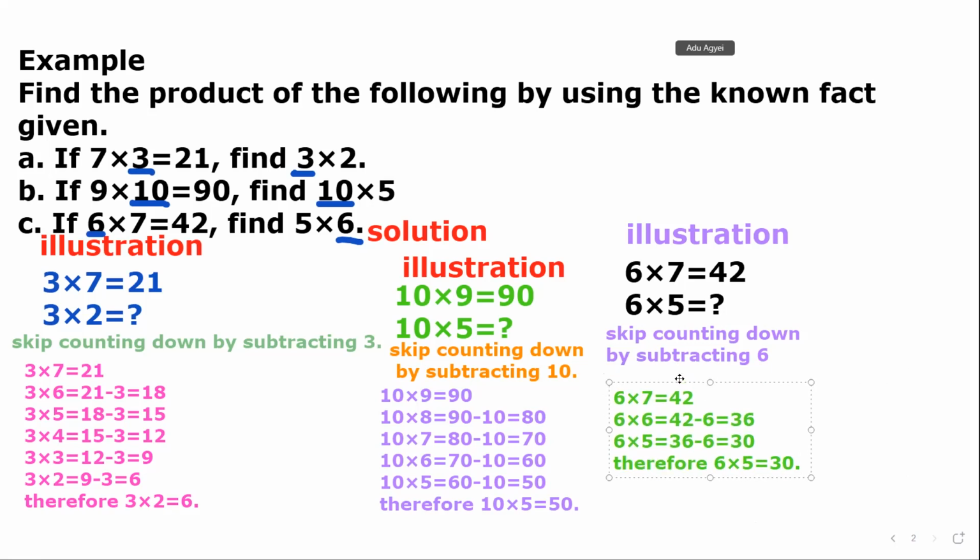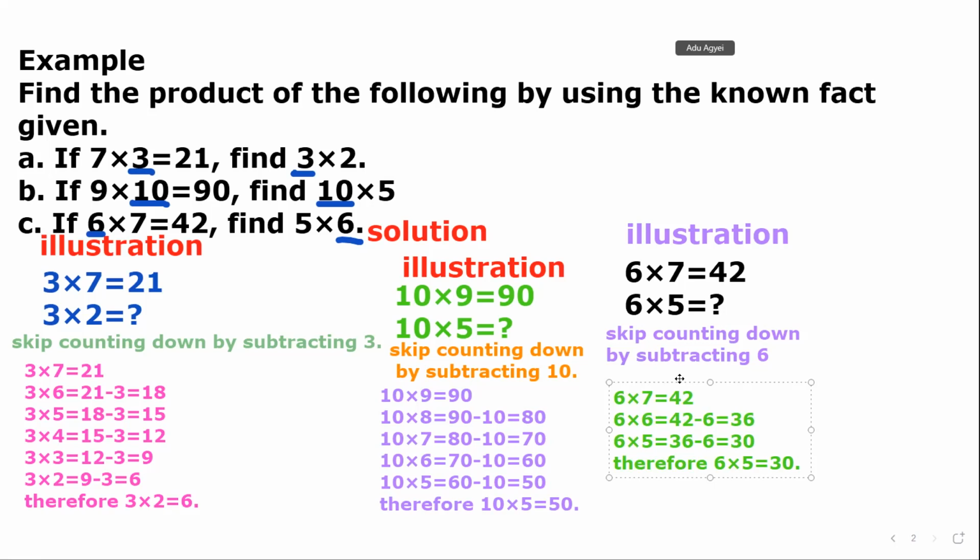Now we have done solving the 3 examples here. One, you identify the multiplier. The multiplier is found in the known fact and unknown fact. The known fact, we said earlier, is a mathematical sentence with an answer. That is, for example, 7 times 3 is 21. 9 times 10, that is 90 here, is a known fact.